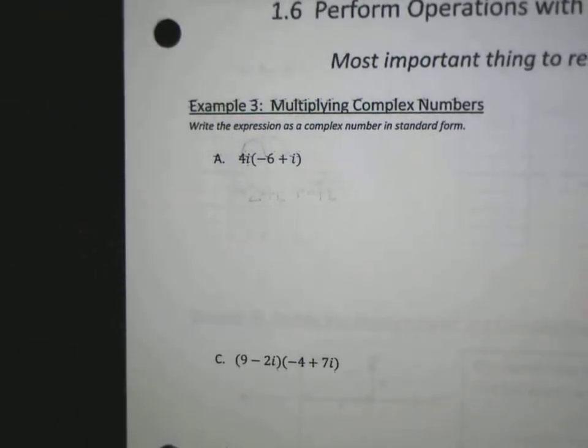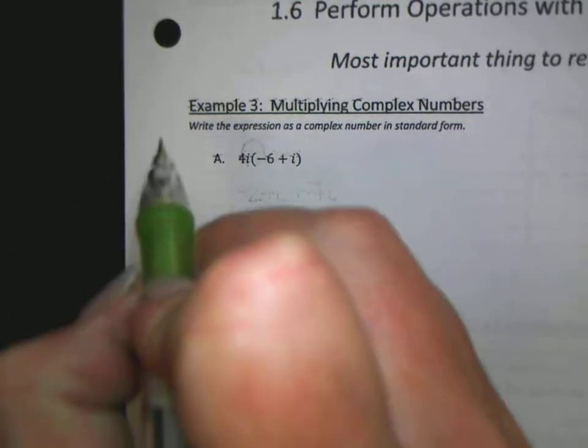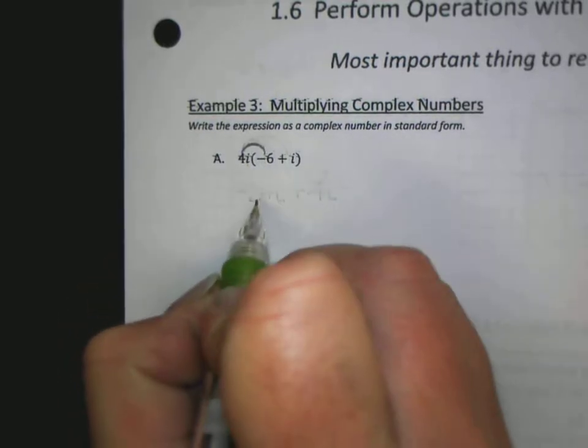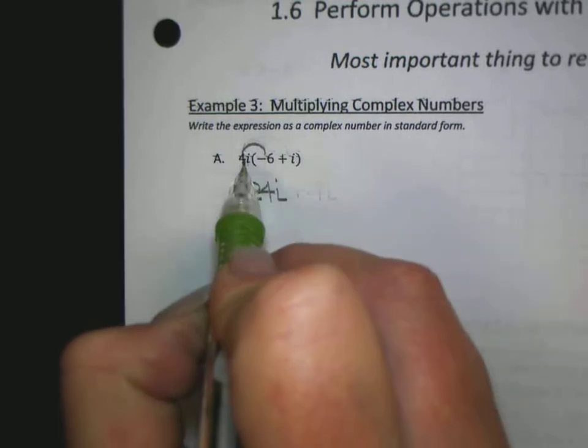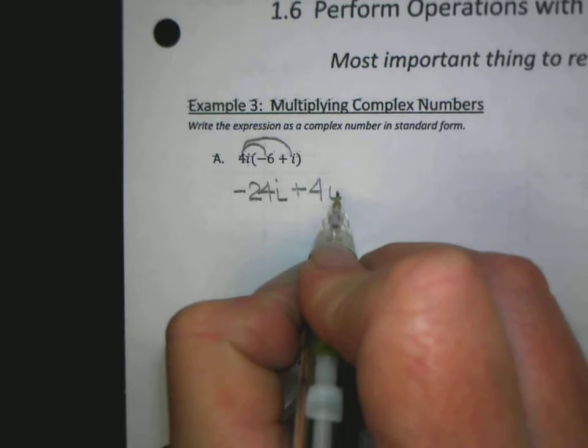Example number 3, multiplying complex numbers. Write the expression as a complex number in standard form. So you're just going to go ahead and multiply or distribute like you normally would. So 4i times negative 6 would give you negative 24i. And then 4i times i is a positive 4i squared.